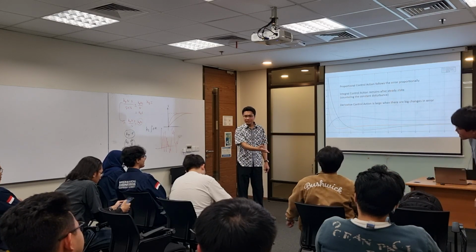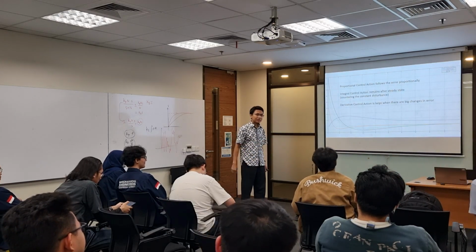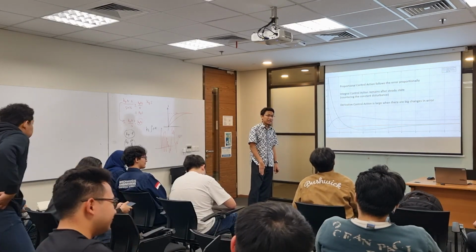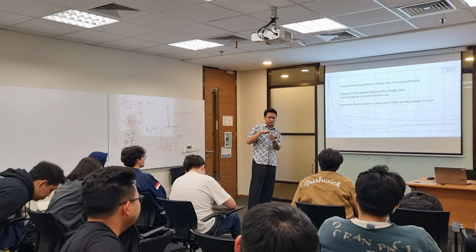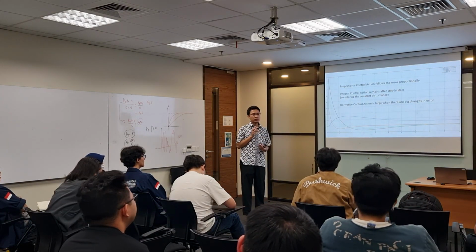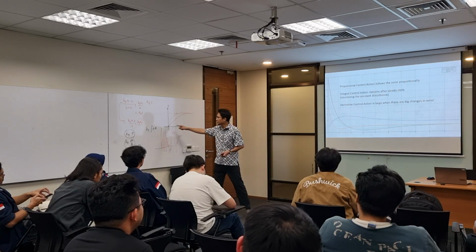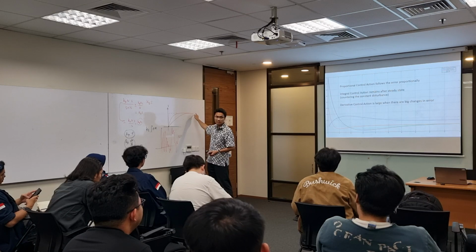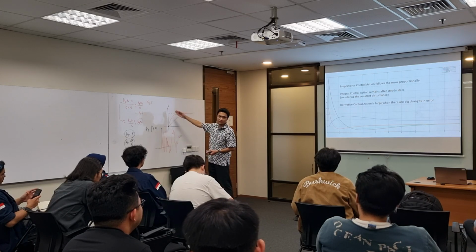It's this kind of situation where you don't want the integral control. But for cars, for cruise control, you need integral control, because normally your desired value will be a step input.